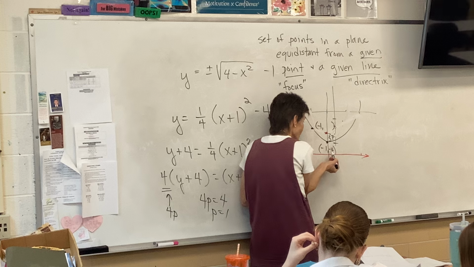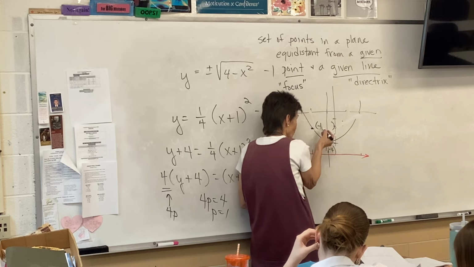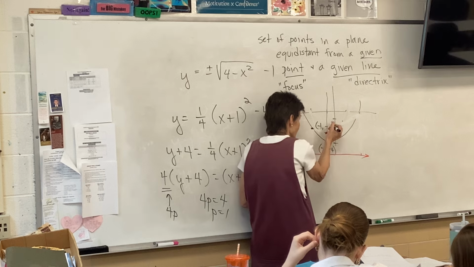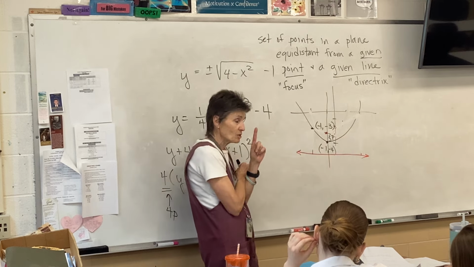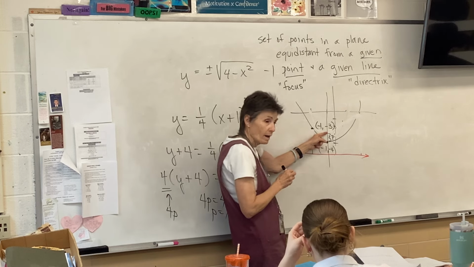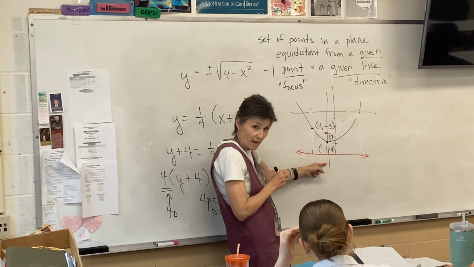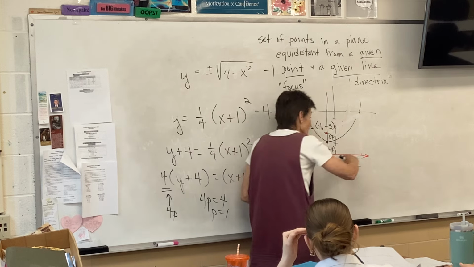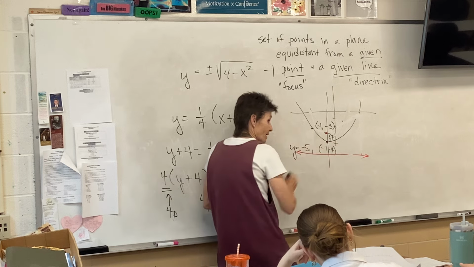So if we start at our vertex and go up 1, where are we going to be? -1, comma, -3. And keeping in mind that the definition is equidistant, if you went up 1 for your focus, you're gonna go down 1 for your directrix. Now, it is a line, so what would the equation of that line be? Y equals -5.